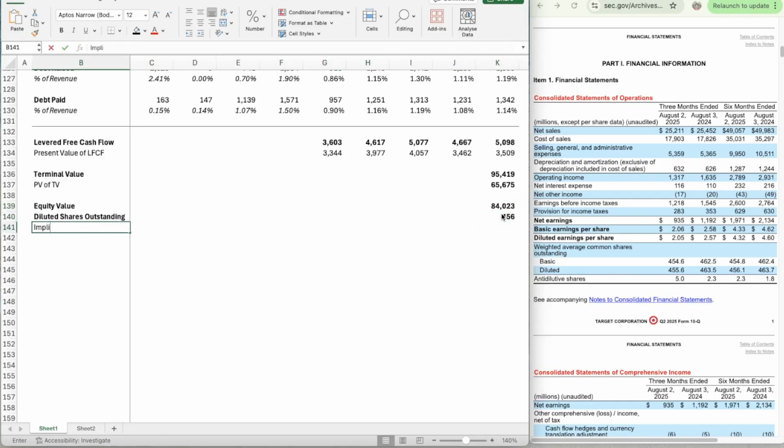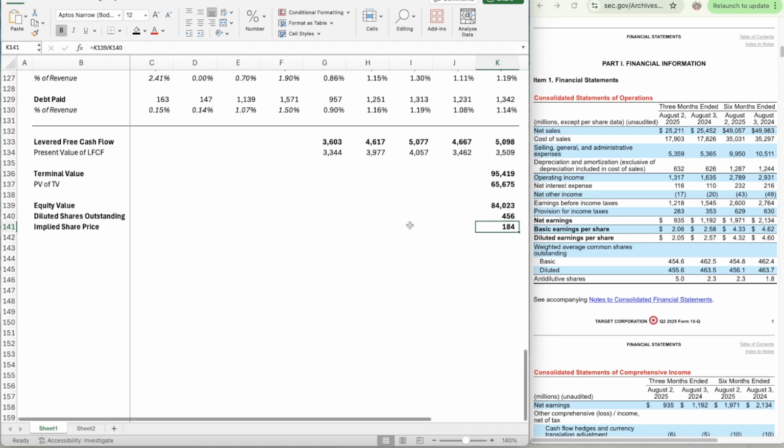Then we say implied share price. So there is upside to this theoretically. 184 is not realistic historically for a target. I mean, where it is now, it's a long way to go, but yeah, that's quite good.